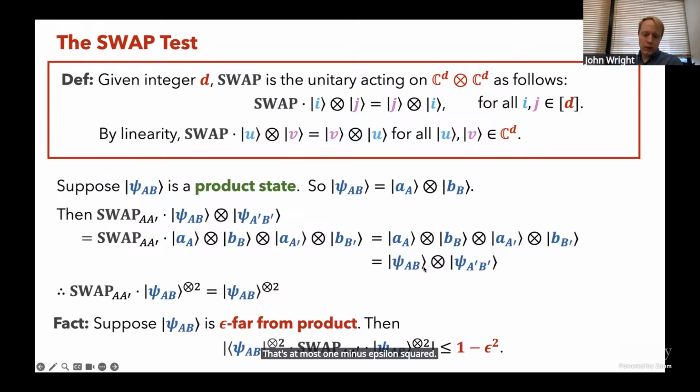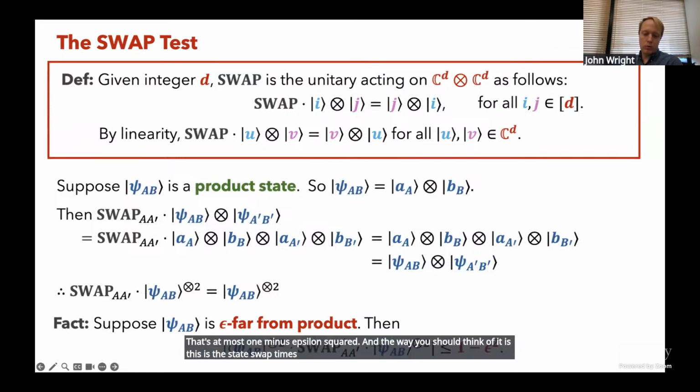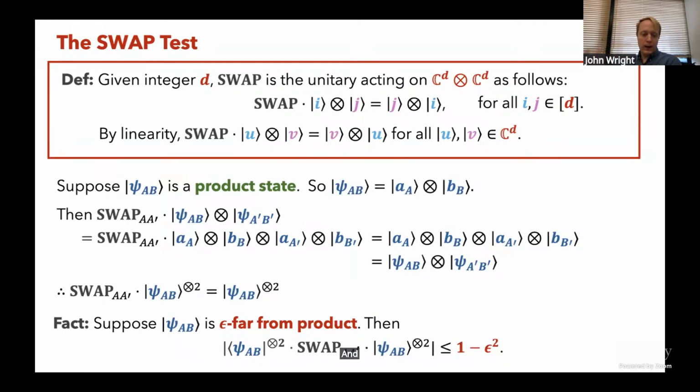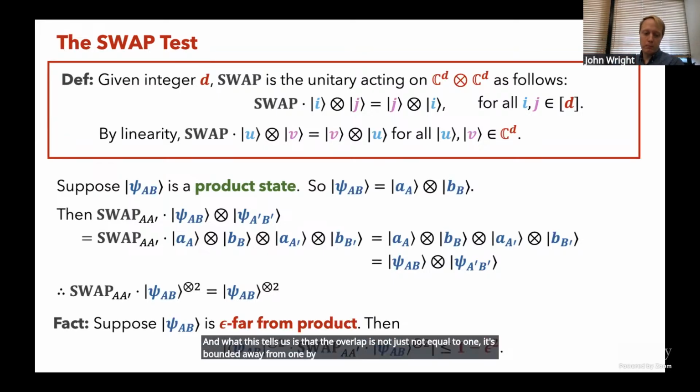And the way you should think of it is this is the state swap times psi AB tensor 2. That's what happens if I take the two copies of psi and apply swap to them. And now you can ask, did I get back my original state, psi tensor 2? And if not, what is the overlap with my original state? And what this tells us is that the overlap is not just not equal to 1, it's bounded away from 1 by a quantity epsilon squared.